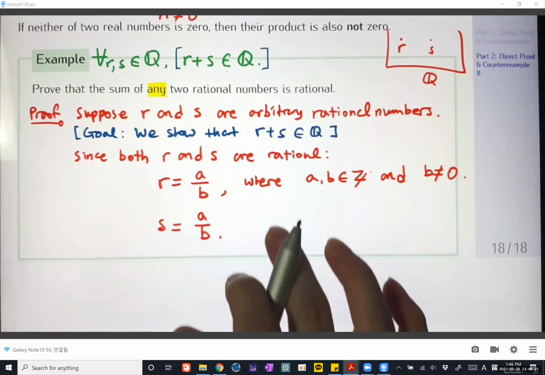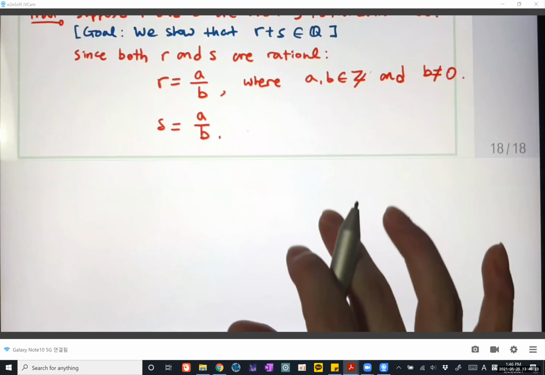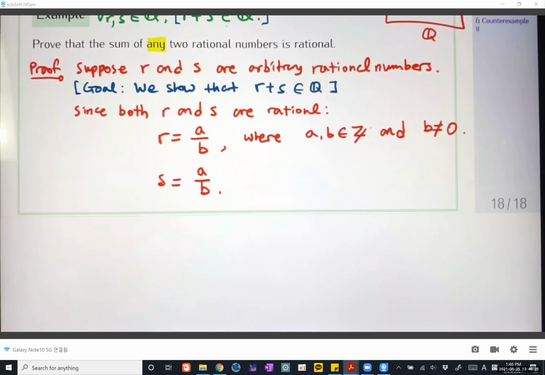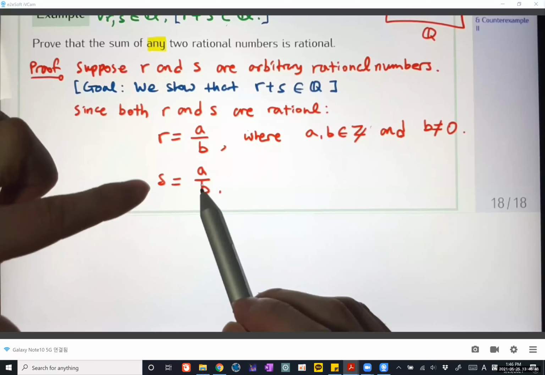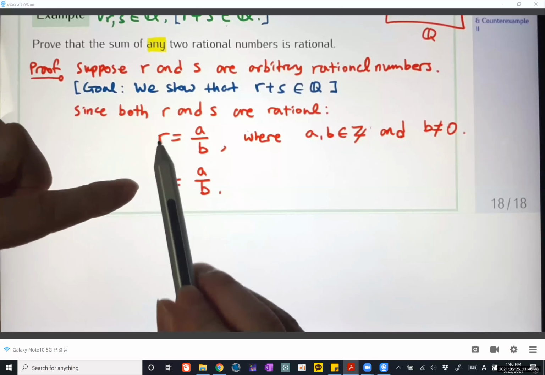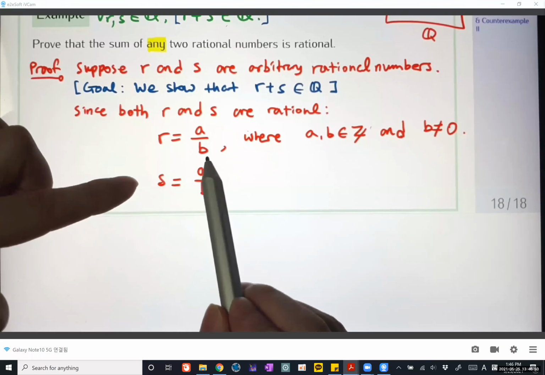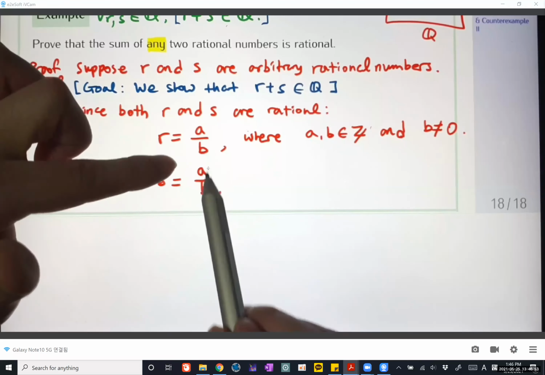Everyone, am I correct so far, or are there any errors from my proof? Is there an error in my proof so far? Okay, Veronica, Kira, both of you are perfectly correct. I am wrong at the moment because I'm assuming R and S are the same thing. In other words, A and B variables are recycled here.